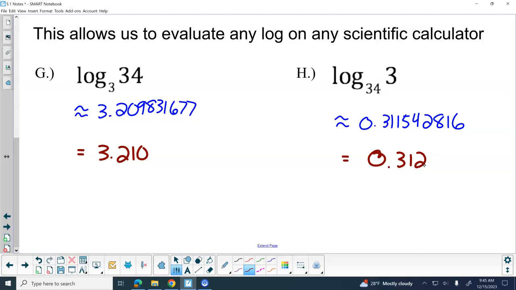I would like to do one more. Log, I'm just going to do a regular log, to make it easier on you, of 1/17. Evaluate that one for me.